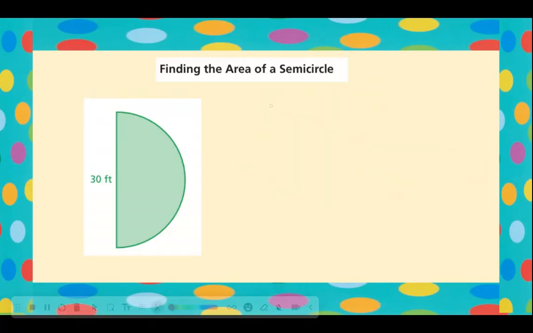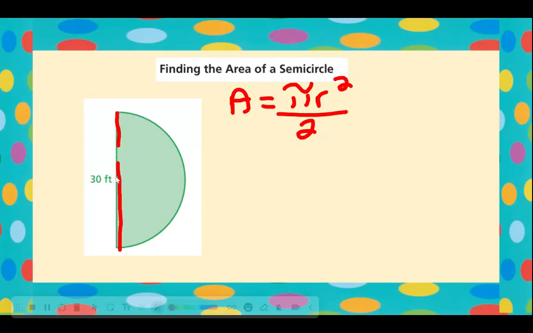Okay, so find the area of the semicircle. So we're going to use the area formula. Area equals pi times radius squared, but this time we have a half of a circle, so we're going to divide it by 2. We are given a diameter here, so we have to cut 30 in half, which is 15. So it would be 3.14 times 15 squared divided by 2.